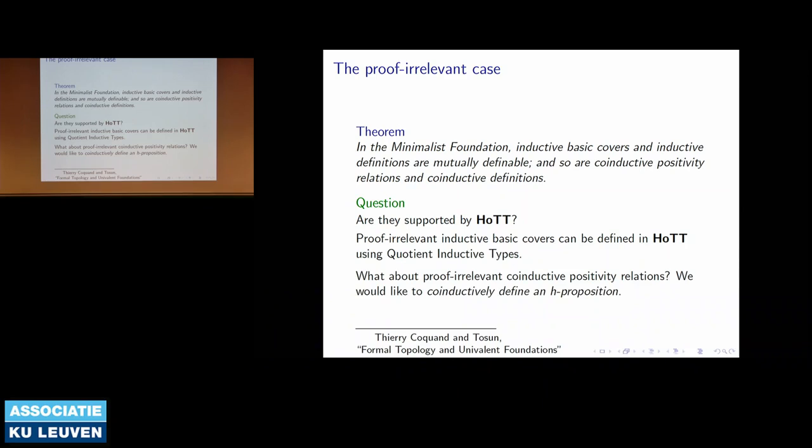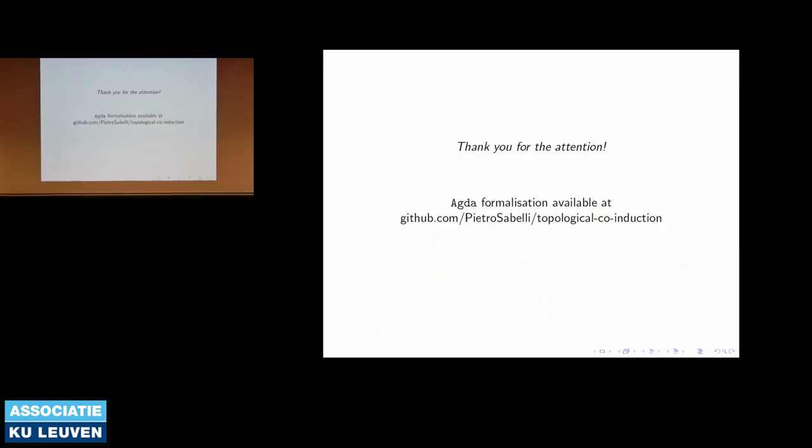And so this is really my open question to the audience, if you know any possible solution to this problem. Otherwise, we need to postulate proof-irrelevant coinductive positivity relations in homotopy type theory. And that's all. Thank you for your attention.